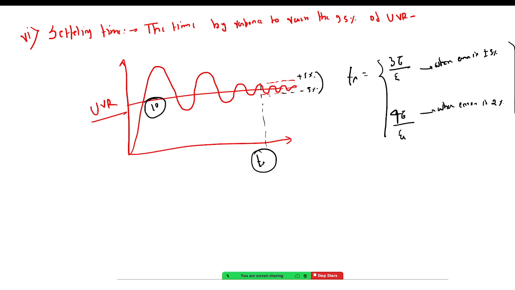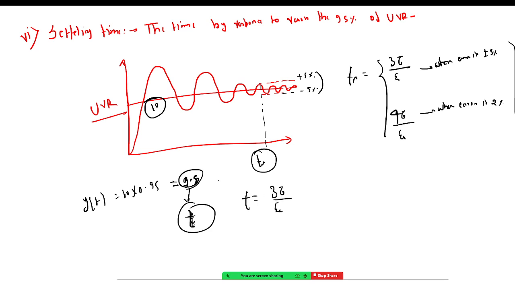When this response value, let's say y(t), equals 10 multiplied by 0.95, it will reach 9.5. When the response reaches 9.5, this particular t value is called the settling time. How can you calculate it? You have to calculate t equals 3 tau by zeta when I am talking about the 95% criteria, meaning 5% error. So you will have to apply this formula.